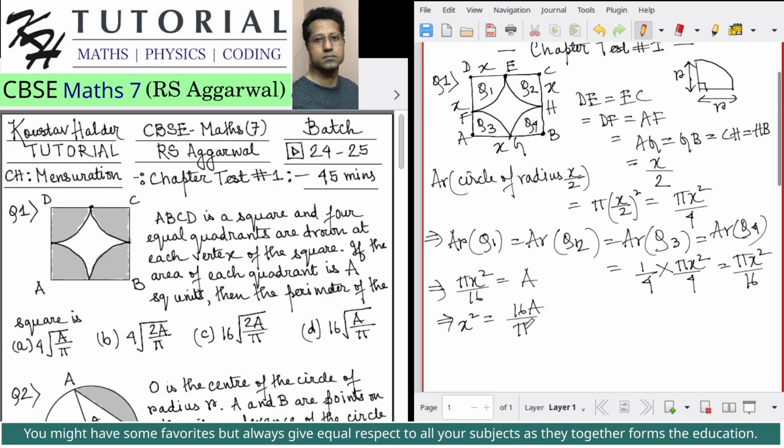We have to find the perimeter of the square, which will be 4x, so we need to find x. So x is equal to the square root of 16a by pi. This will be 4 into the square root of a by pi.